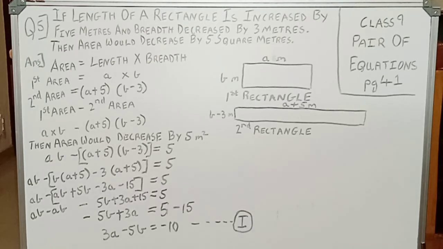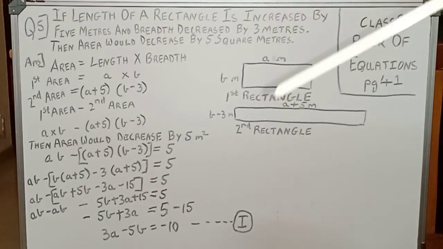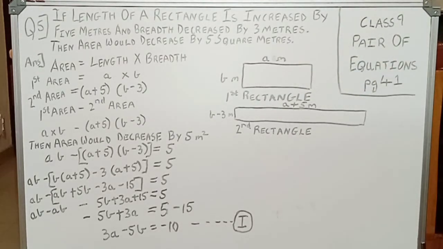Now the area of the second rectangle: since we don't know what a and b are, we have given them over here. You can see a plus 5 is the length and b minus 3 meters is the breadth. So the area of the second rectangle would be a plus 5 in one bracket and in another bracket b minus 3.